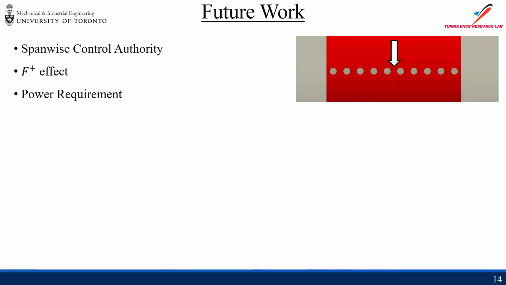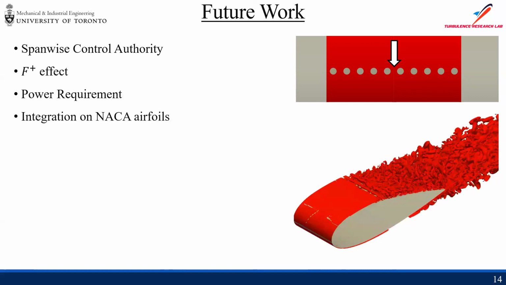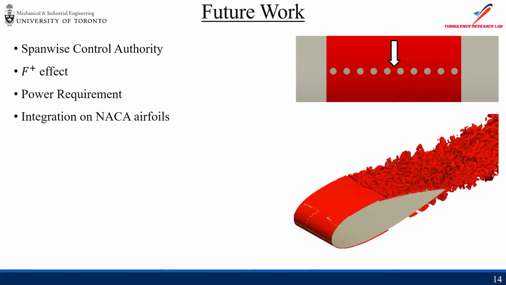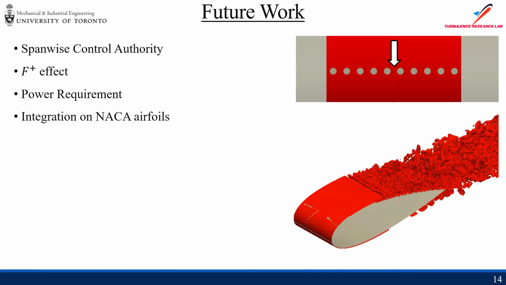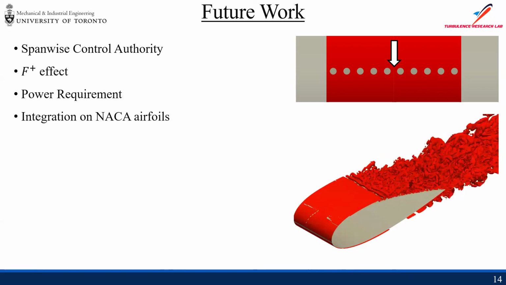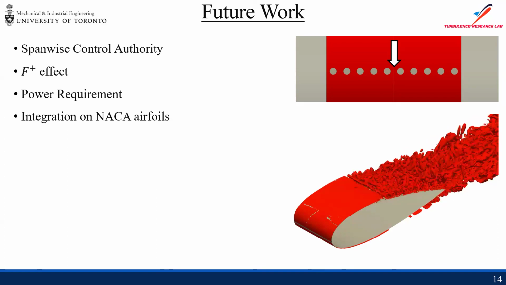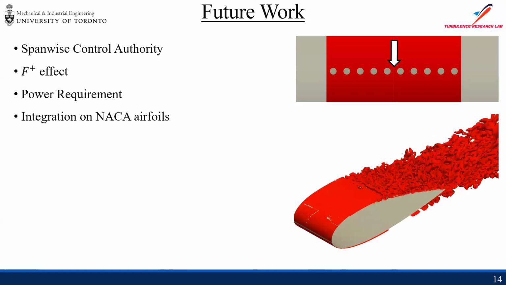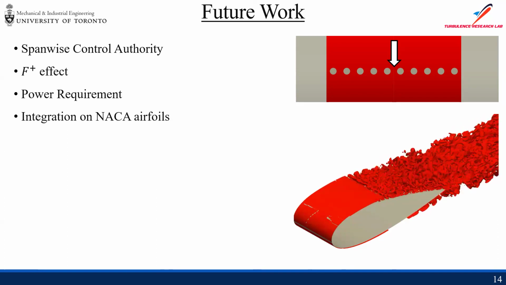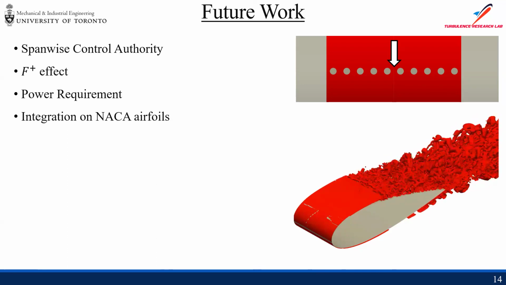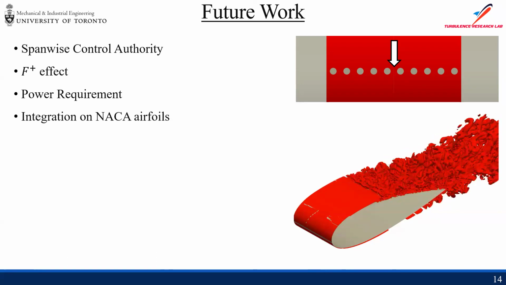Power requirement is also quite worthwhile if we want to apply these on, say, a small or battery powered UAV. And integration on an airfoil would also be worthwhile, especially if we adhere to the theme of looking at the 3D effect, where only one segment of the span-wise width is actuated.